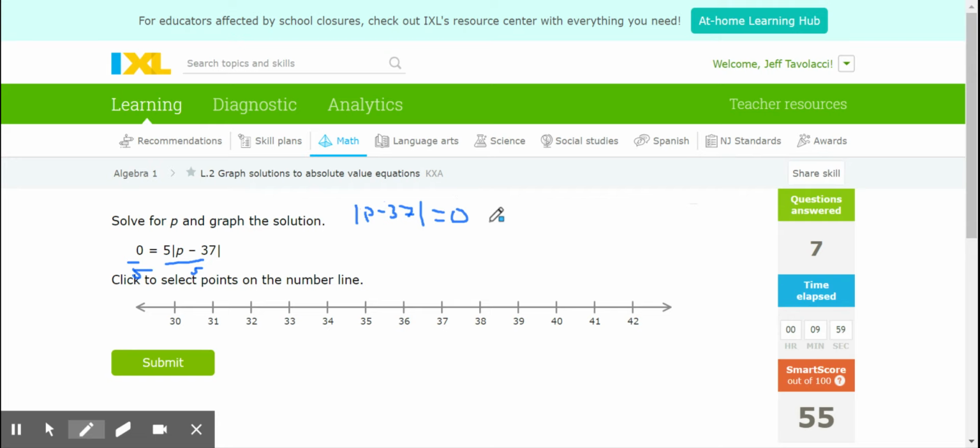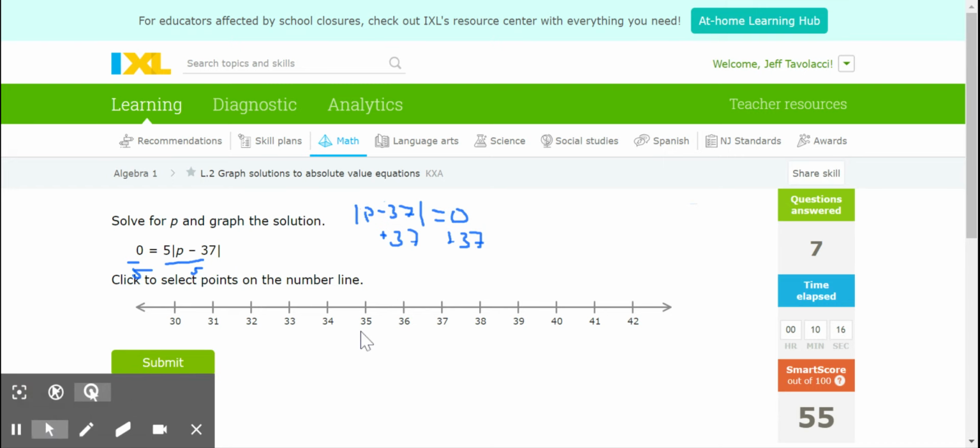Remember, when we have 0, we're only going to have one solution. So P minus 37 could be equal to positive 0 or negative 0, but we're only going to get the one solution. We want to know what is 0 units away from 37.